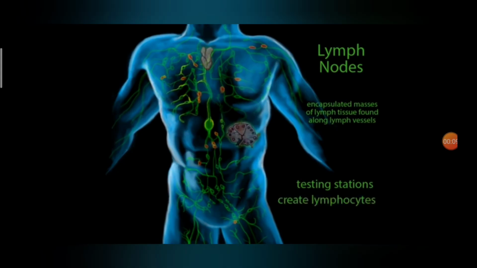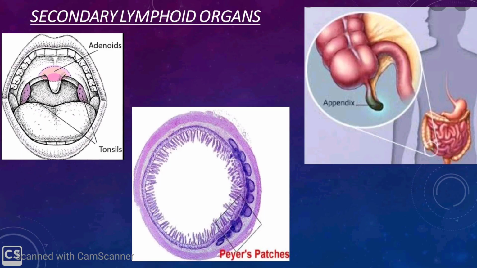Let us locate lymph nodes in the human body. They are distributed all over the body. They are encapsulated masses of lymph tissue spread along lymph vessels. They are testing stations that create lymphocytes and also filtering stations.